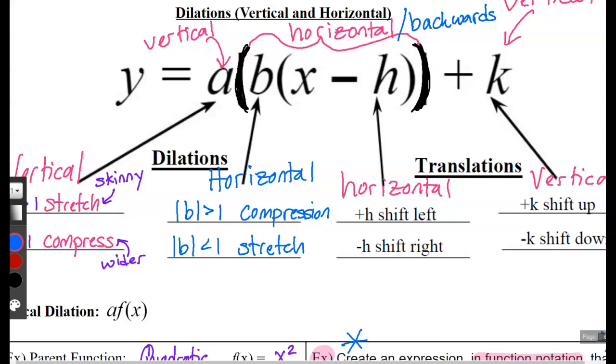If I'm compressing, skinnier. Remember, it's backwards from what you would think. So horizontally compressing actually makes the graph skinnier. And if I'm horizontally stretching, what's happening? It's getting wider. Good.